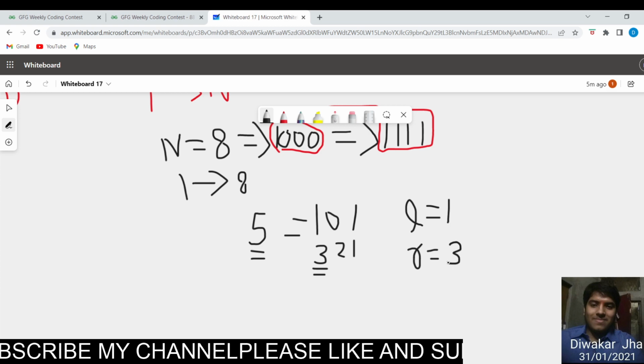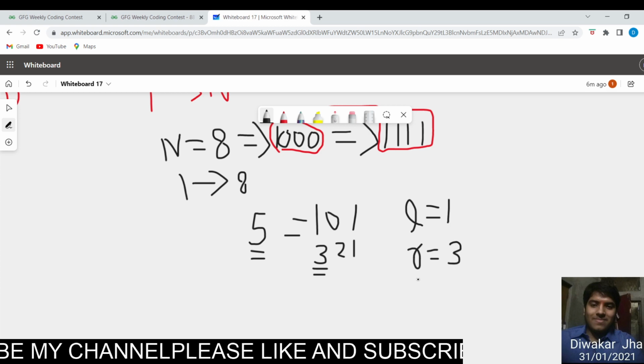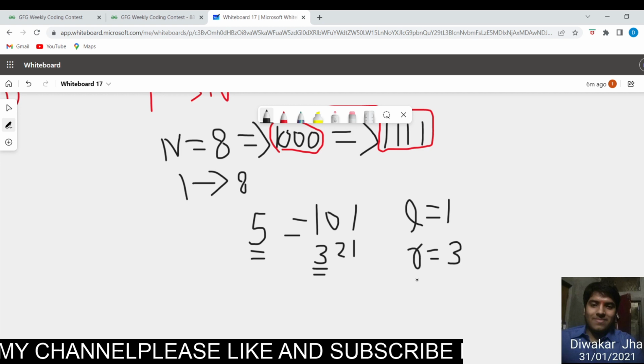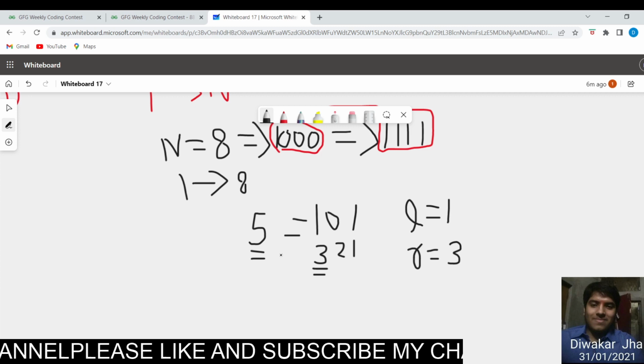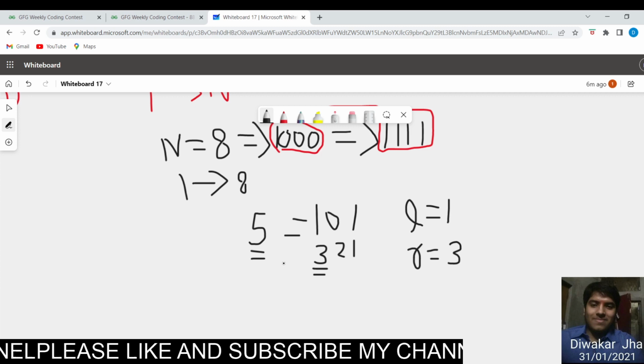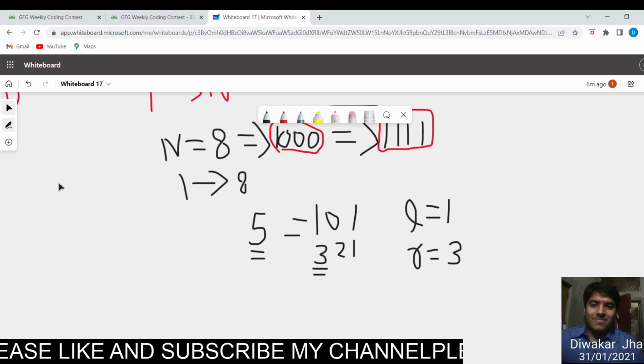L means how many bits are representing the value 5. I hope you all understood very well.